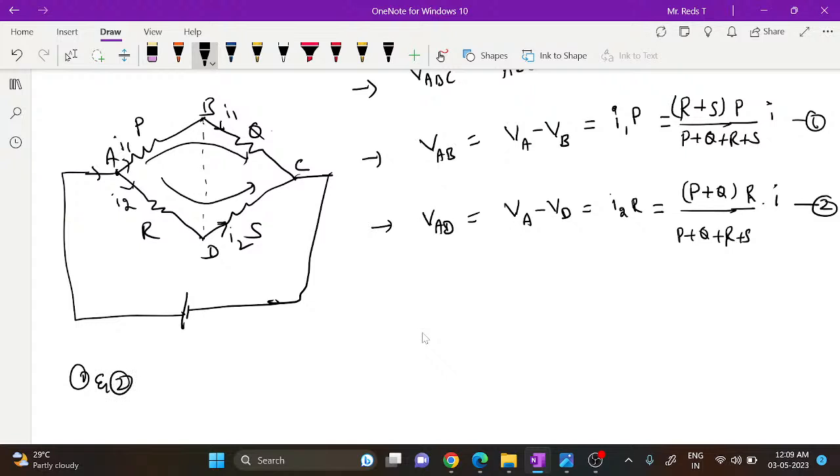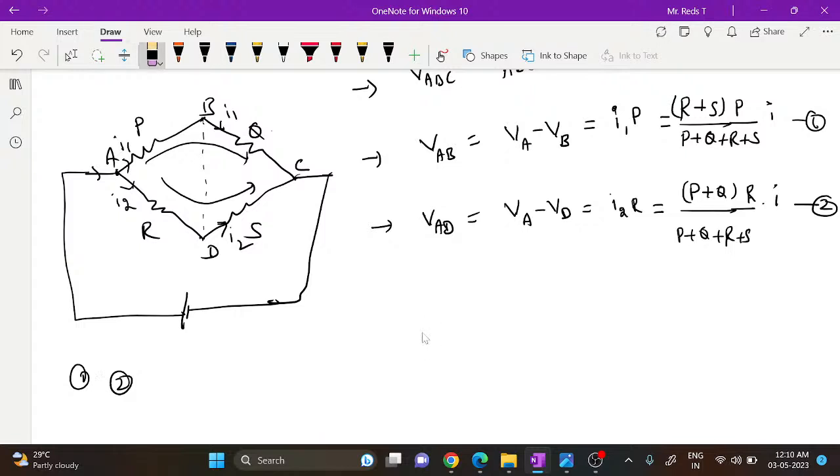If you add 1 and 2, we will get VA minus VB plus VA minus VD. So 2VA minus VB minus VD, etc. But if you remove VA by doing some mathematical operation, that is a difference operation, you can say, that is 1 minus 2.